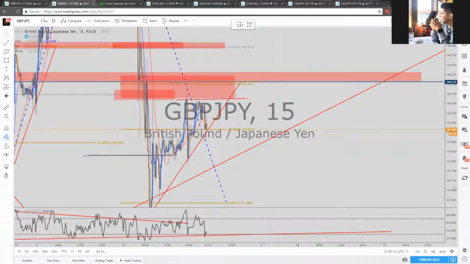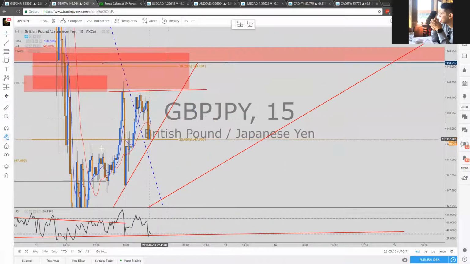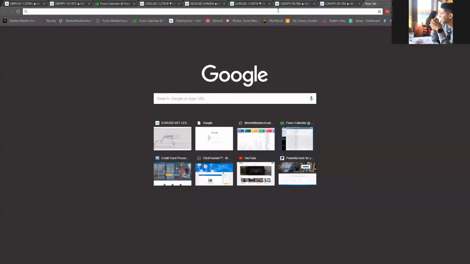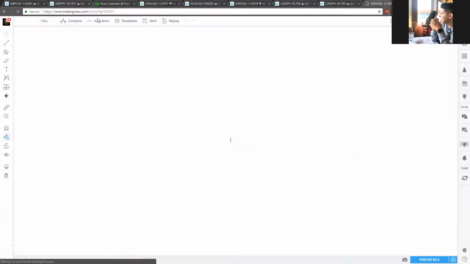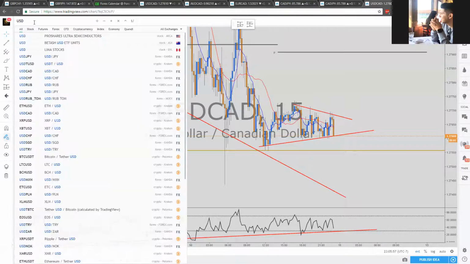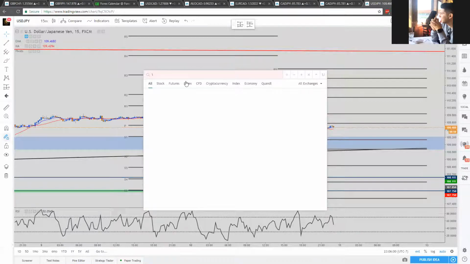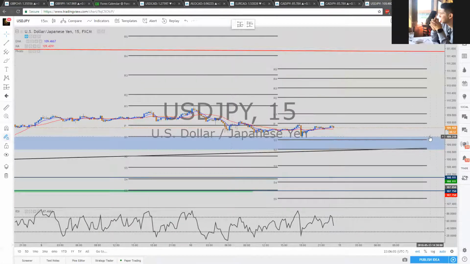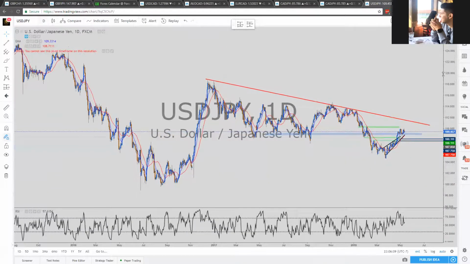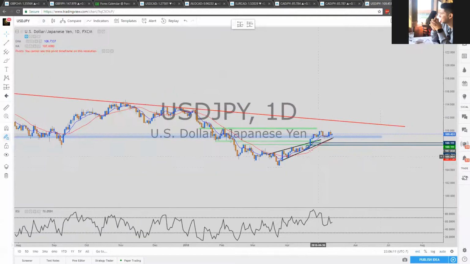GJ. Still kind of reacting off 23.6. Look at USD JPY.